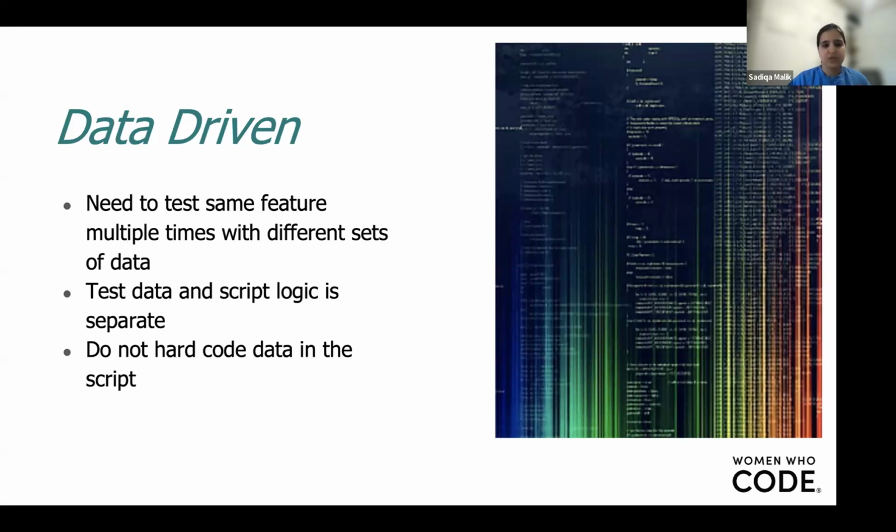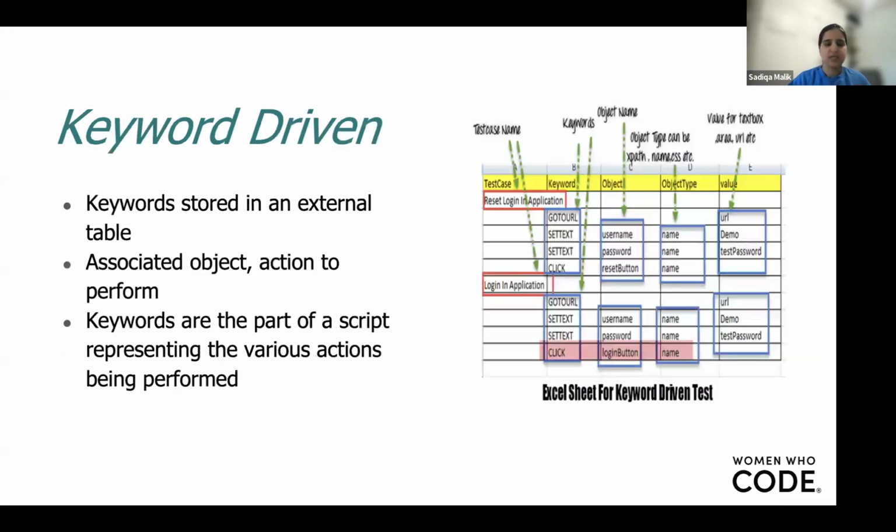So moving on, the next framework that we're going to talk about is keyword driven. In keyword driven, for your application under test, for each element or each object of your application, you're going to create a keyword. Again, taking a simple example of login where you have to navigate to a URL, enter username, enter password, and then click login or click reset button, right? Then you're going to create a keyword for each of these elements: navigating to the URL, the username text box, the password text box, and the login button.